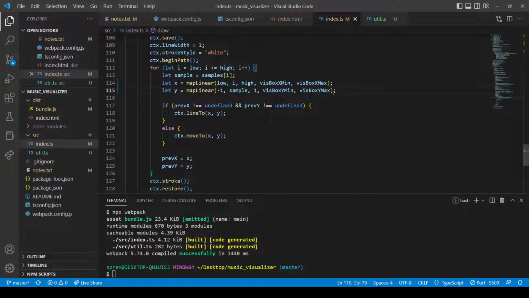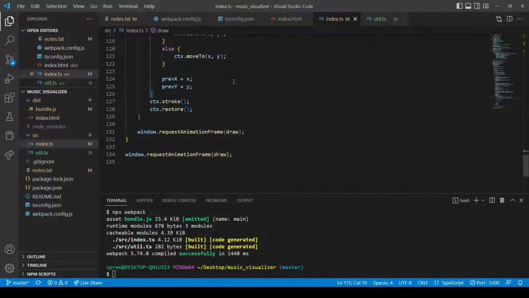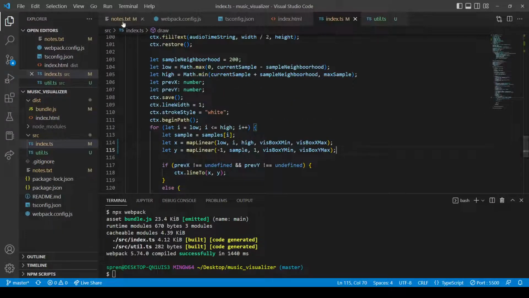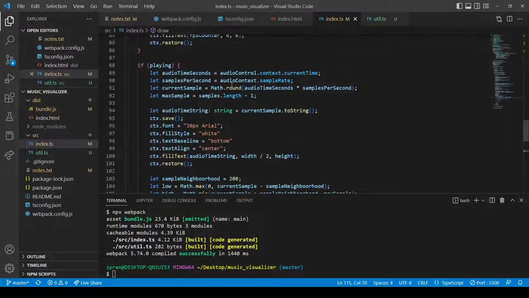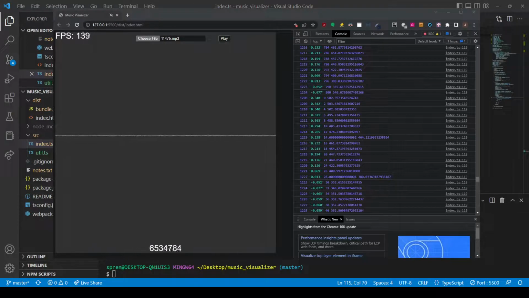Now what should happen next? I did the map linear thing. Let me stare at this.